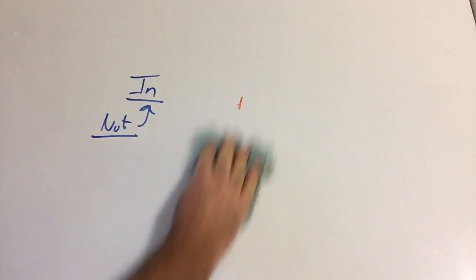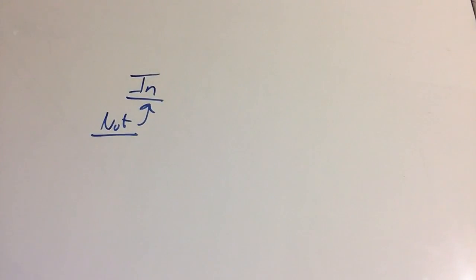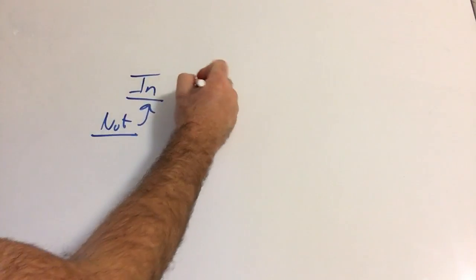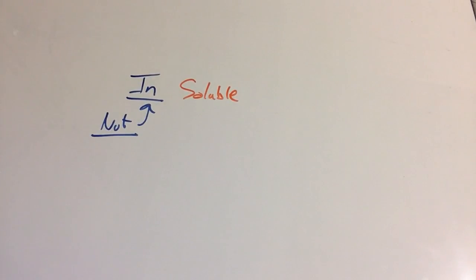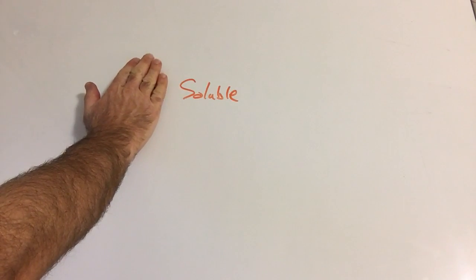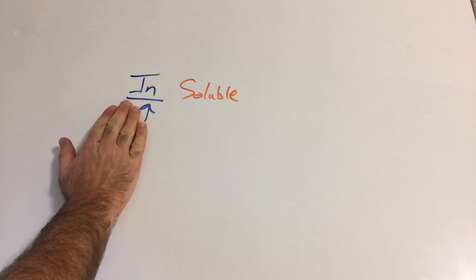So if we say that soluble means it's able to dissolve, insoluble means it doesn't dissolve. So in our example at the beginning, salt water is soluble. The toy in water is insoluble.